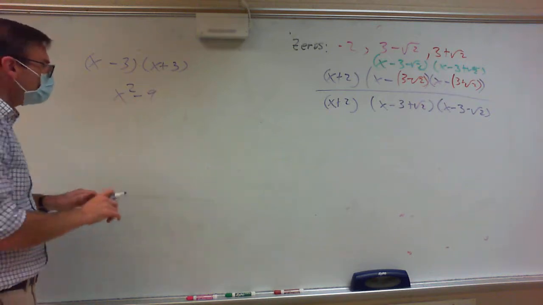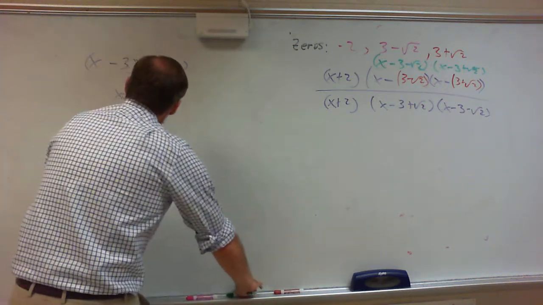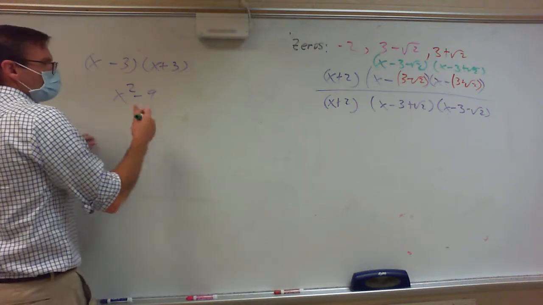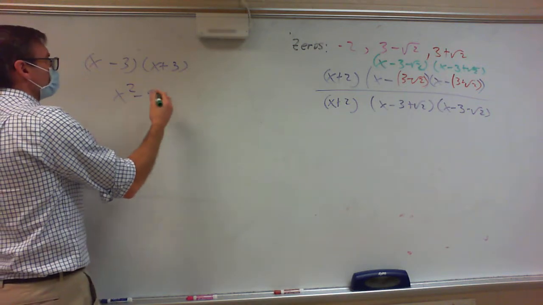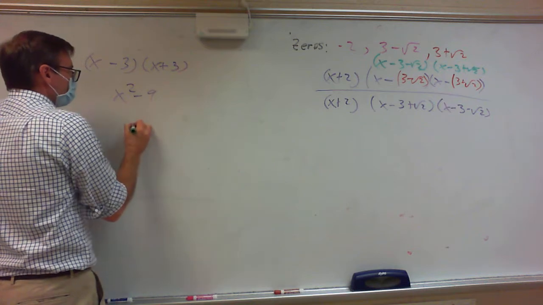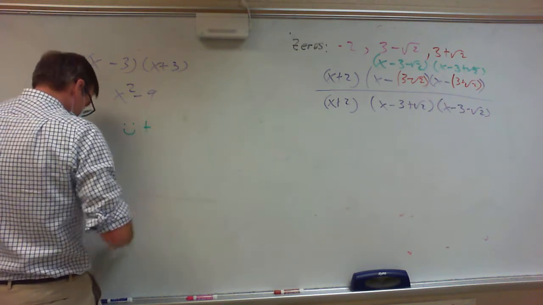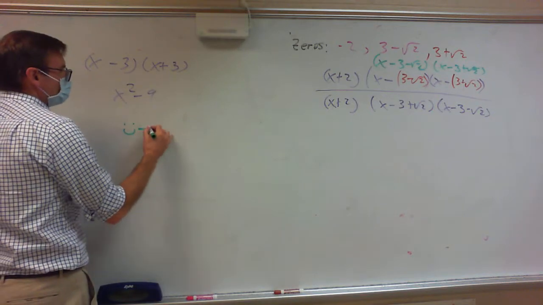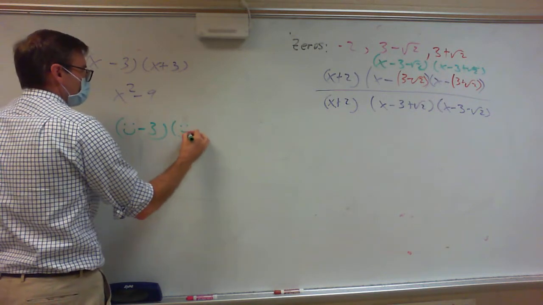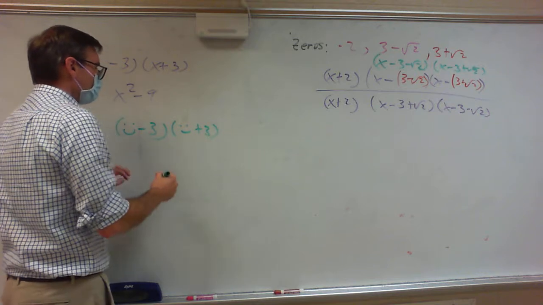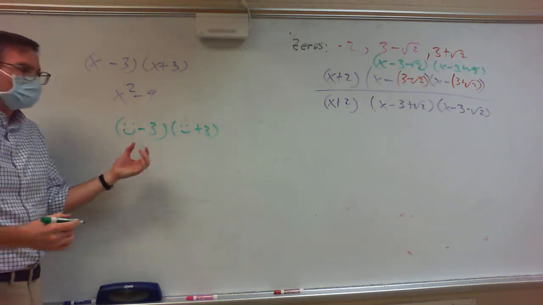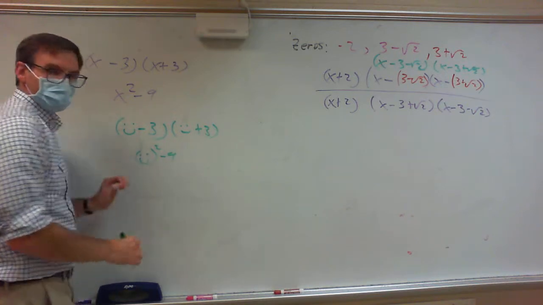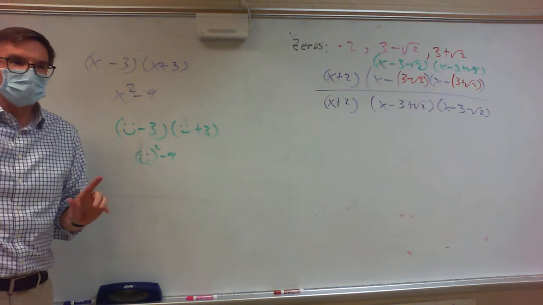If I were to change it a little bit and say, well, what if it was happy face minus 3 times happy face plus 3. It's going to be happy face squared minus 9. Is everybody okay with that?